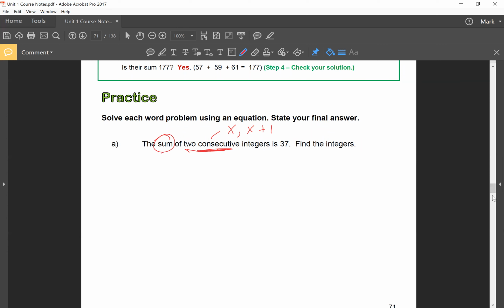So the sum of these numbers, x plus x plus 1 equals 37. We're done. I mean, sorry, the new part is done. All we need to do now is solve this. So how do we do it? Well, x plus x equals 37 minus 1. I'm going to move the 1 over.